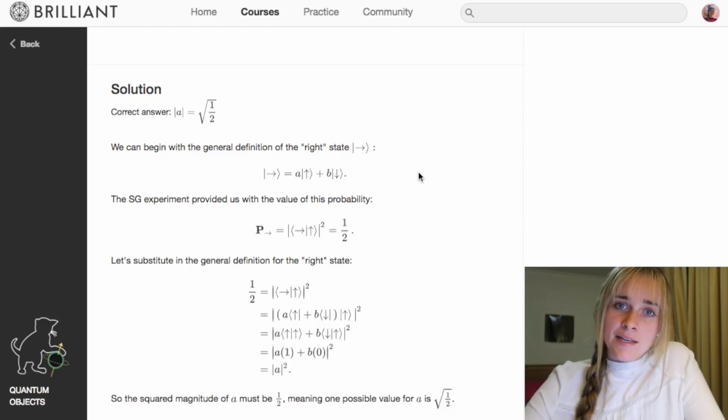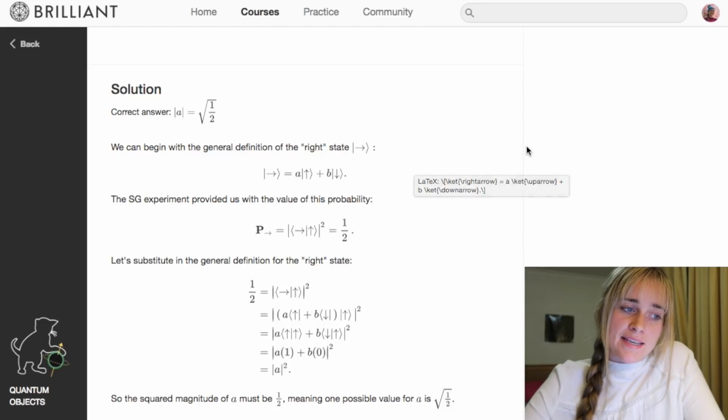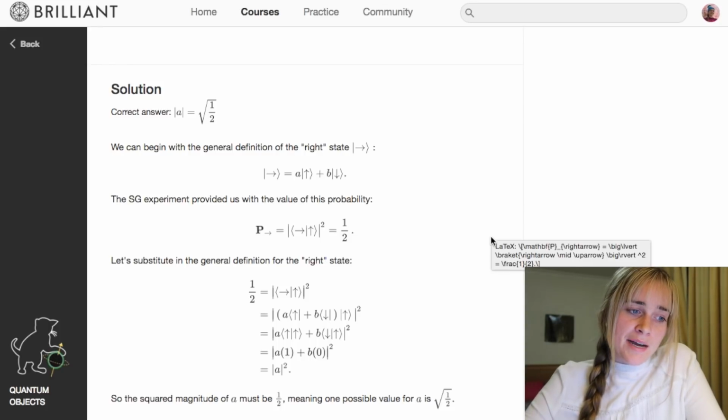This is what we were starting with, the definition of what it means to be, I guess, spin right. And we knew from that graphical experiment above that this inner product is equal to a half.